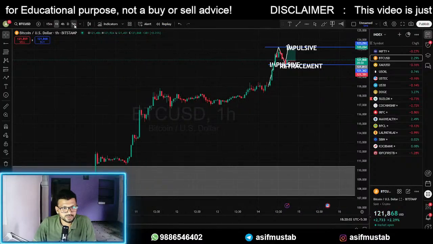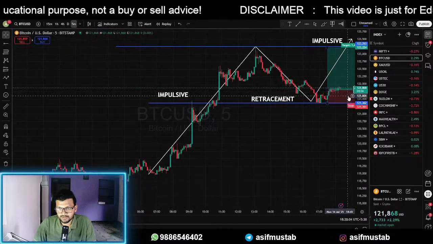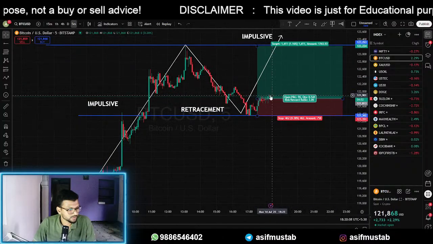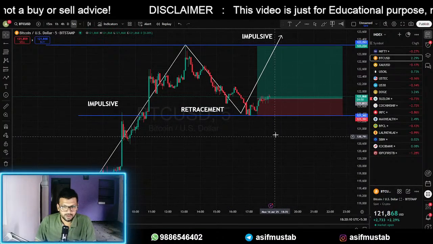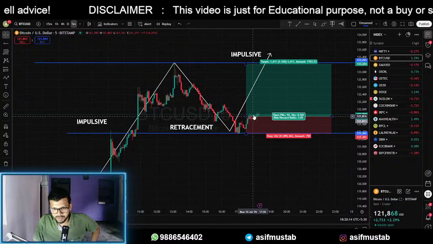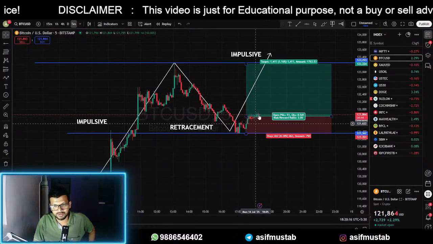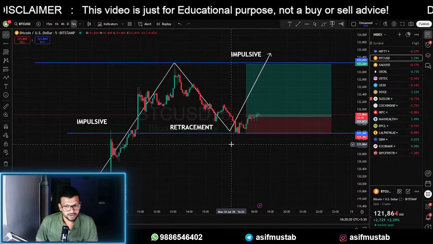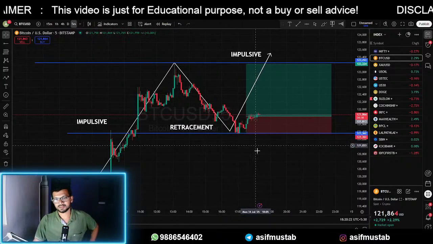If gold is moving down, it means BTC must go upside. Gold and BTC are opposite. If the gold is moving down, then BTC must go upside, but I don't know why the BTC is not moving. BTC is at buying price only. There is no momentum in BTC.